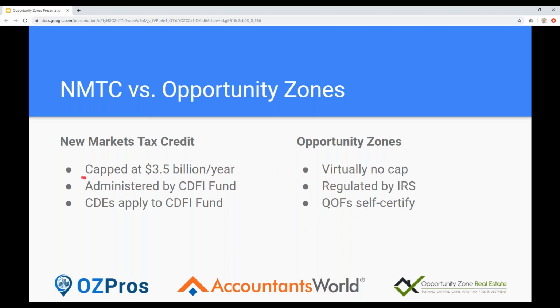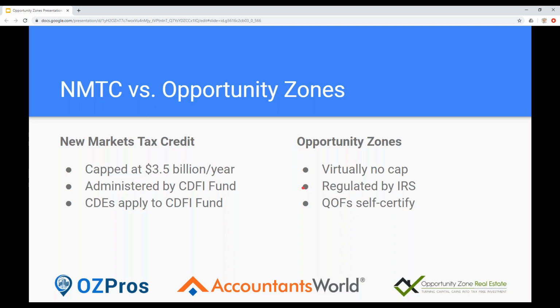And this is the reason why. The new markets tax credits is capped at $3.5 billion per year, whereas with Opportunity Zones, there's virtually no cap. There's that $6.1 trillion figure that I cited at the beginning of the presentation, and it comes from private capital. It's not administered by any federal authority. There's just private capital that's flowing in.